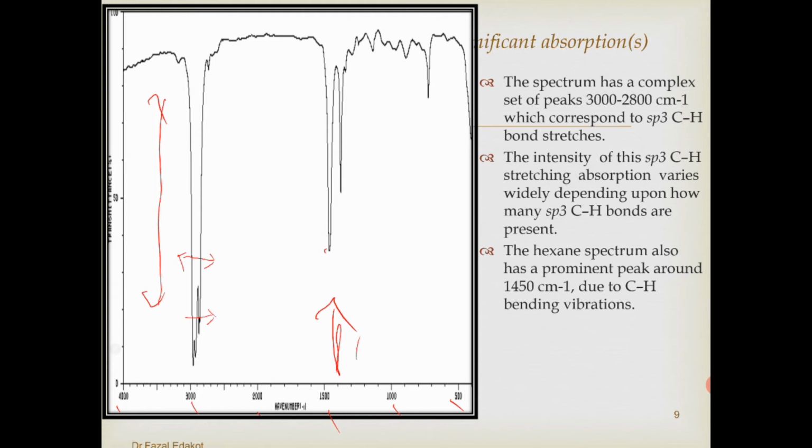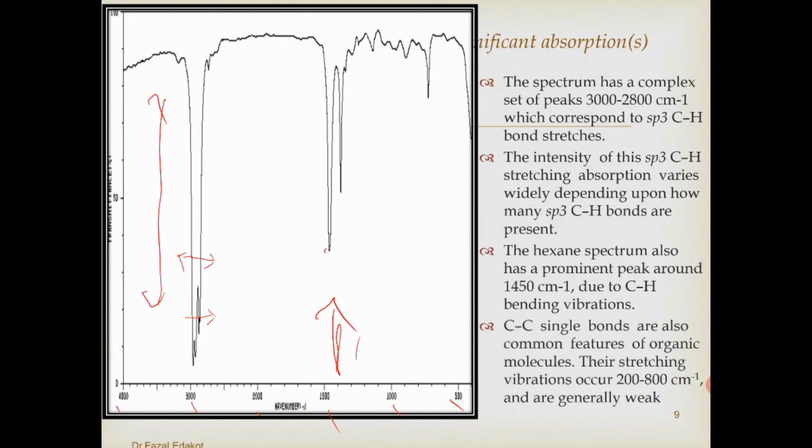So suppose you are analyzing an unknown compound and you are getting peaks like this, then you can understand it as the compound under discussion. That's how it is supposed to be. The C-C single bonds are also common features of organic compounds. Their stretching vibrations occur at 200 to 800 per centimeter and are generally weak.